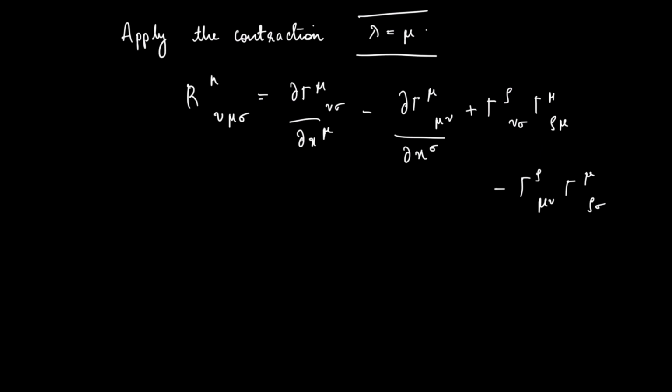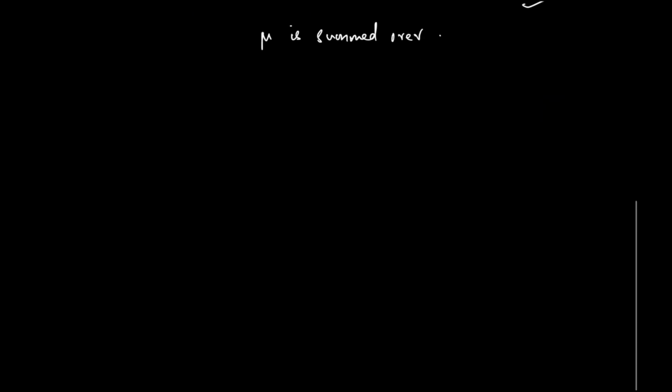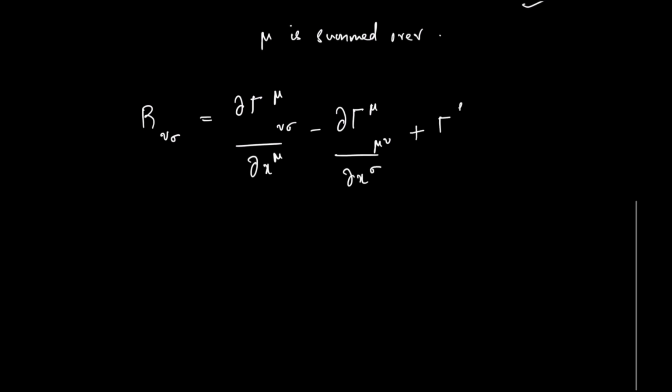Now if you see, in all the terms, μ is a dummy index, it's summed over. Therefore, I can write R_{νσ} is equal to the partial derivative of Γ^μ_{νσ} with respect to x^μ, minus the partial derivative of Γ^μ_{μν} with respect to x^σ, plus Γ^ρ_{νσ} Γ^μ_{ρμ} minus Γ^ρ_{μν} Γ^μ_{ρσ}.